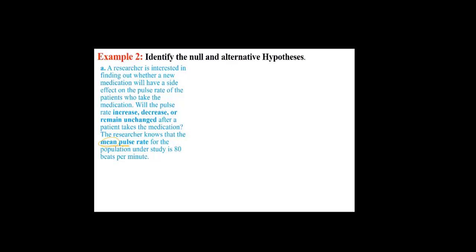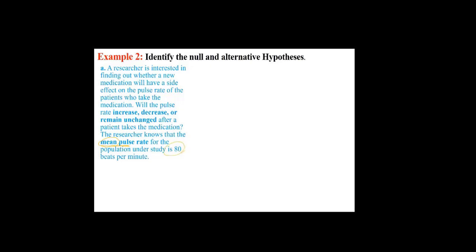Why? Because sample statistics we can just come up with from a sample. It is the population parameter that we are looking for, which most of the time we don't have access to. It is always about mu. So you have H0 and H1 involving mu. The mean for the population under study is 80 beats per minute. So that means mu must be 80.